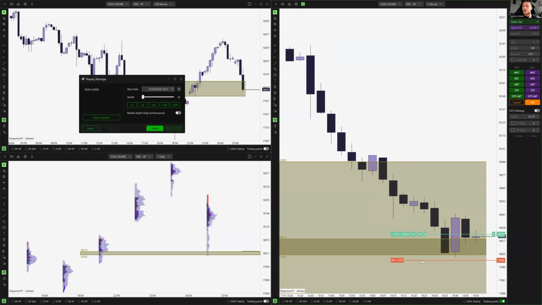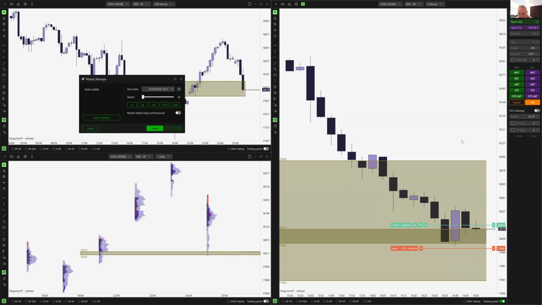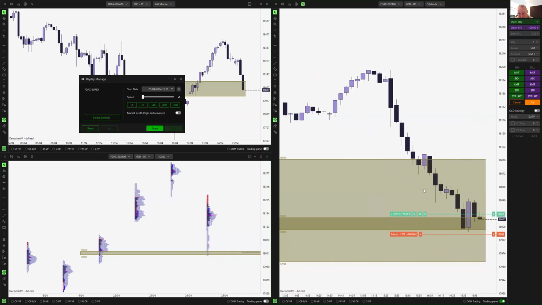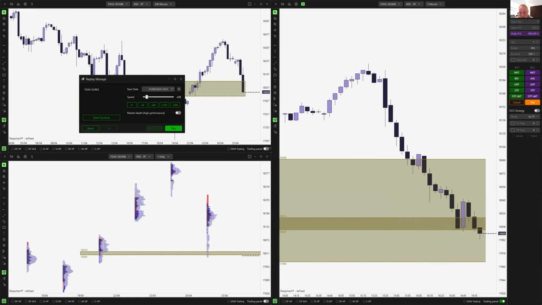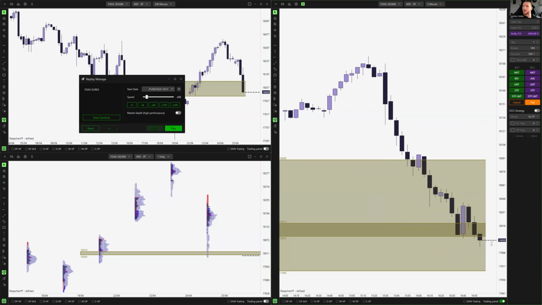I took a real small stop loss here. I thought I had enough context and wanted to go long. But here I stopped out, and some minutes later, you see it was only a fake breakout down.